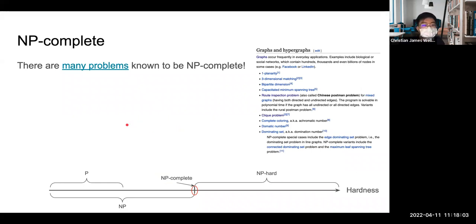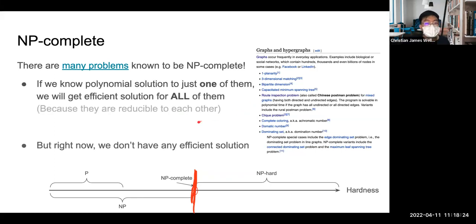And maybe I'll just quickly mention that, surprisingly, there are many problems known to be NP-complete. So you see this intersection over here? As it turns out, this intersection actually has a lot of things. You might have seen in lecture the 3-SAT problem, independent set, vertex cover, they are all NP-complete.